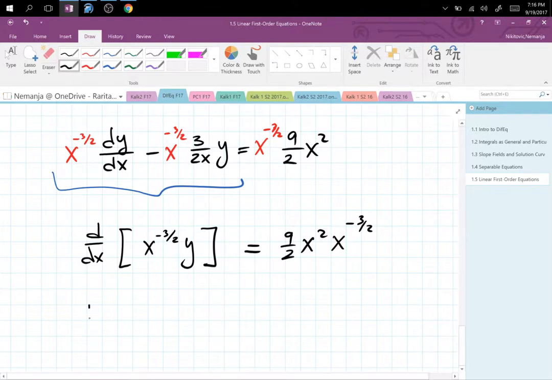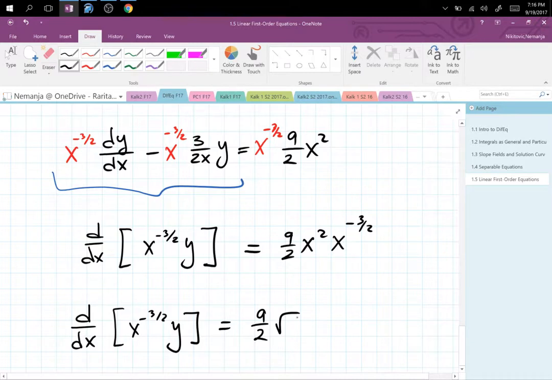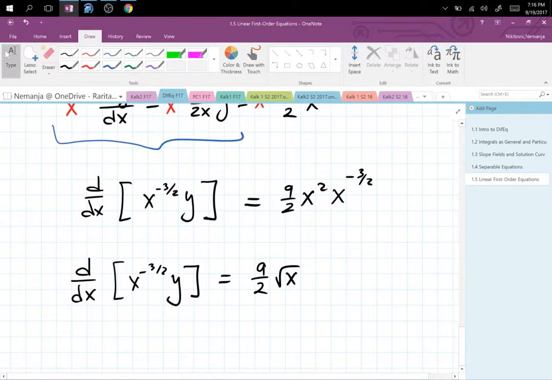Now, I have the derivative of x to the negative 3/2 y equals, 2 minus 3/2 is 1/2, so I have 9/2 square root of x. We are going to integrate both sides dx.